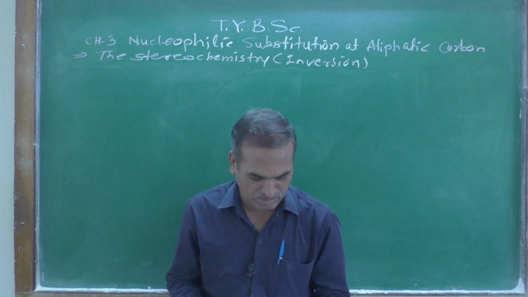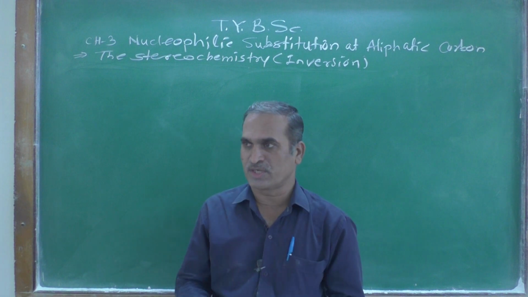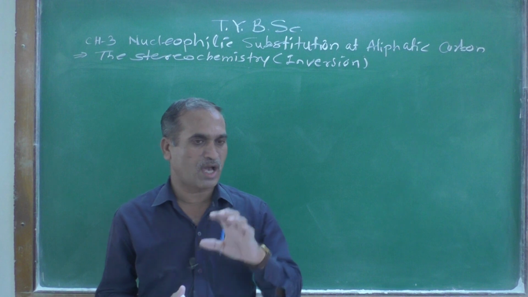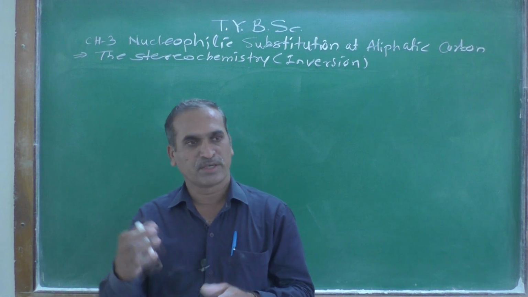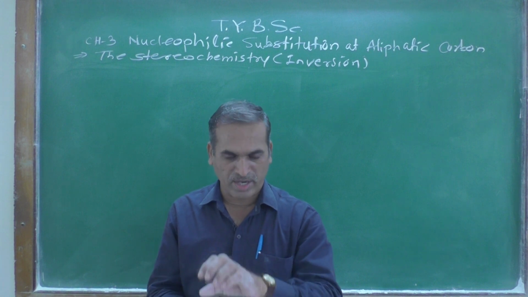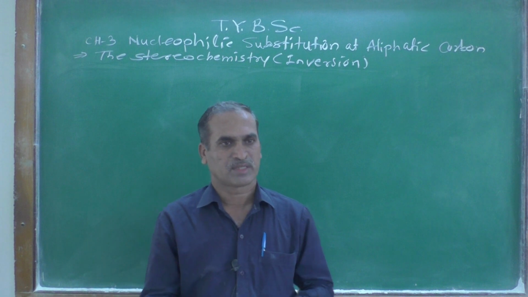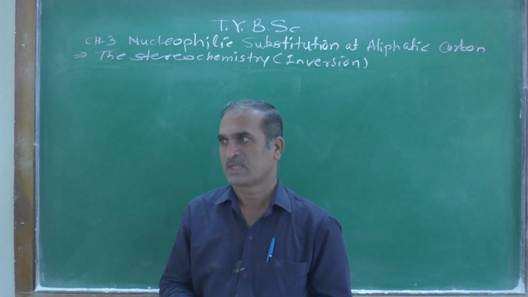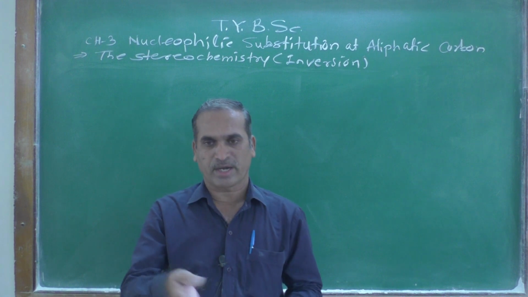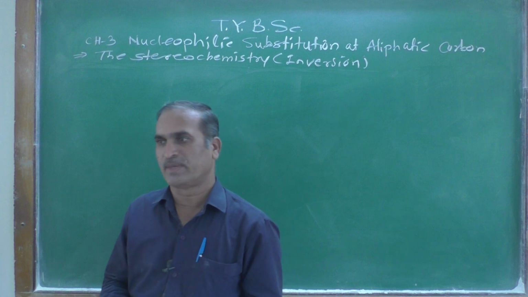The stereochemistry for the SN2 reaction is found to be inversion, and there are different proofs or evidences for it. So far we have seen the different possibilities of how the nucleophile attacks: front side attack, back side attack.